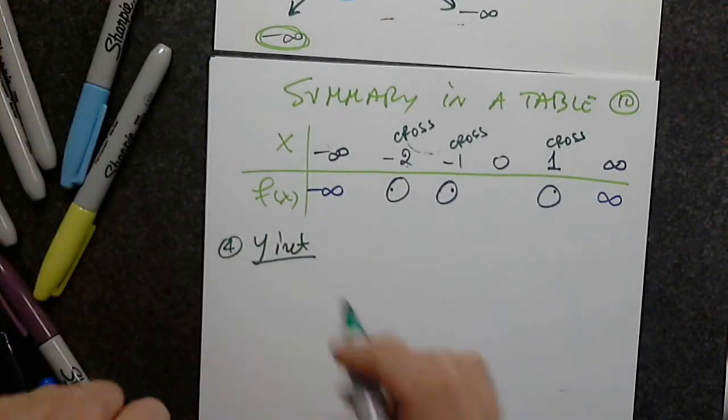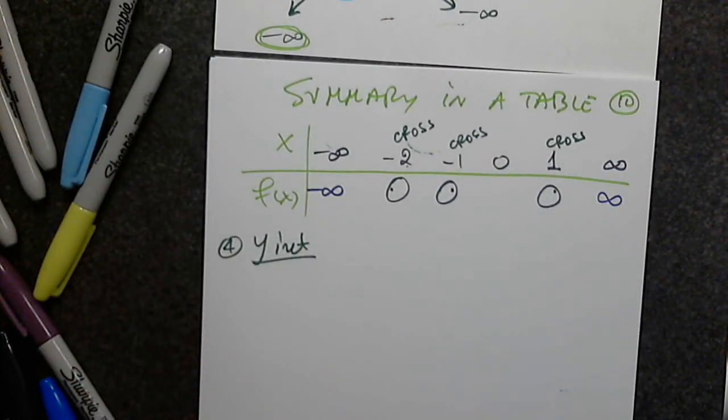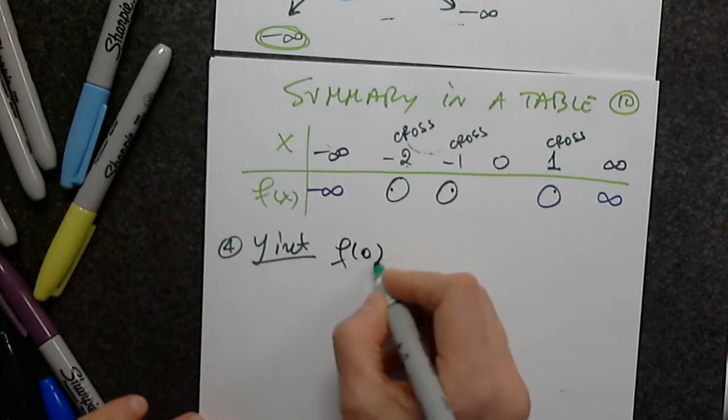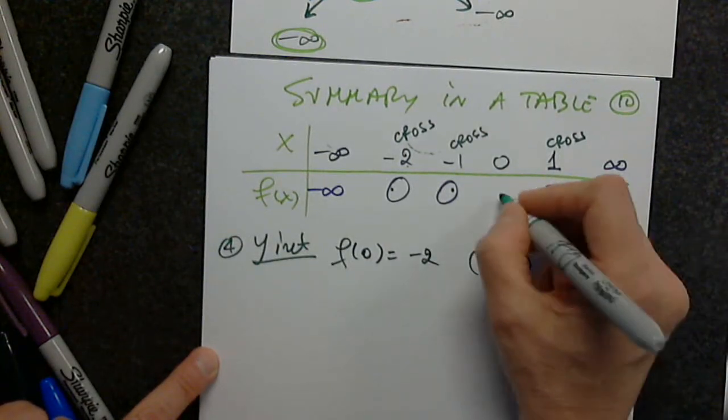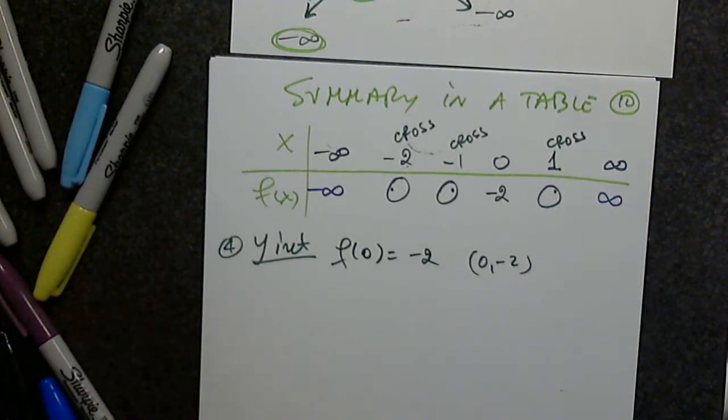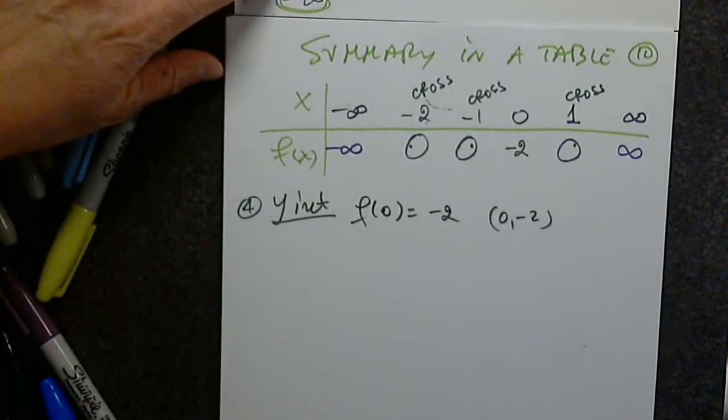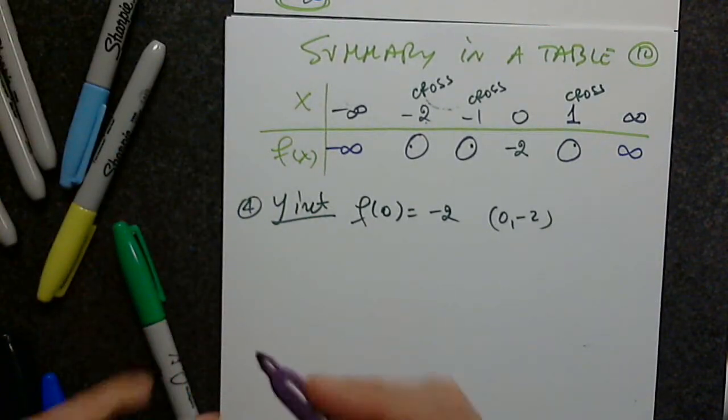The y-intercept. How do we find the y-intercept? Yes, f of 0. That's the easy task. Exactly, 0, comma, negative 2. So this is negative 2. Step number 5.